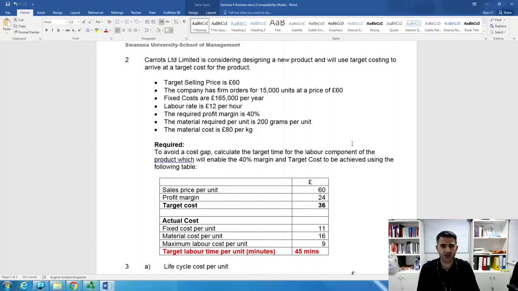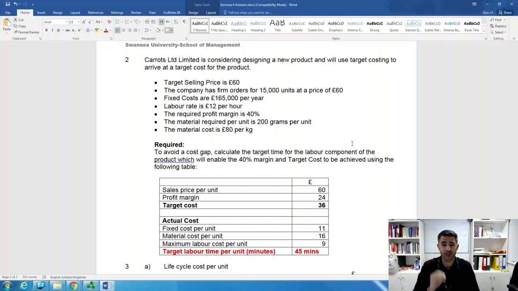And the question asks you to calculate, to avoid the cost gap. Look, this is very important actually, to avoid a cost gap. So we don't need a cost gap, so we need to calculate the target time for the labor component of the product, which will enable the 40% margin and target cost to be achieved using the following table. So the question gives you all the information except one thing.